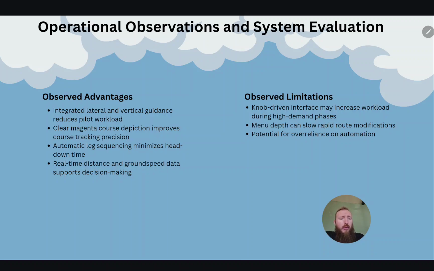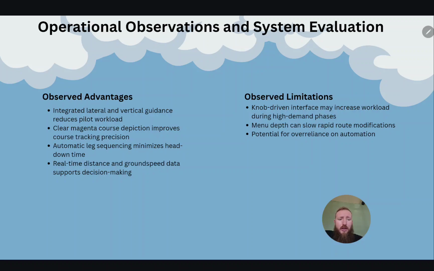I did notice a couple things. So for limitations, the knob-driven interface might increase workload during high-demand phases of flight. But I still think it's designed really well. The menu depth could slow rapid route modifications if you got redirected and need to put it into the MFD, and you're in a busy workflow, you have to hurry up and try and get it over there, going through several things to change that.